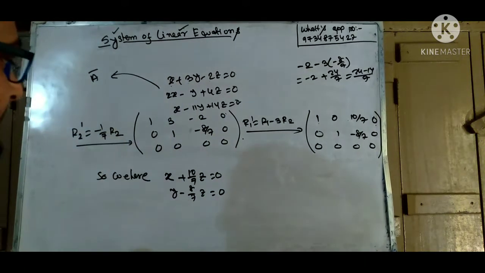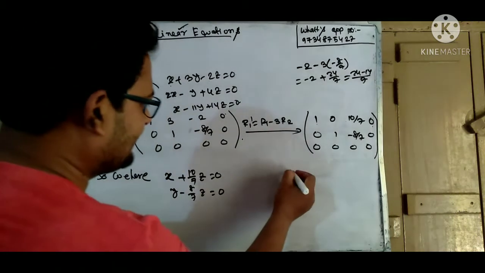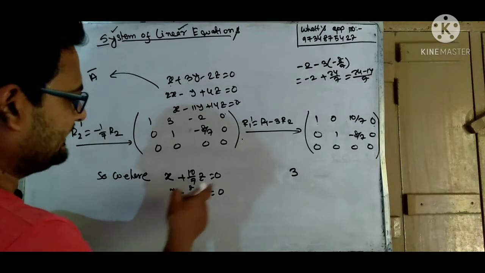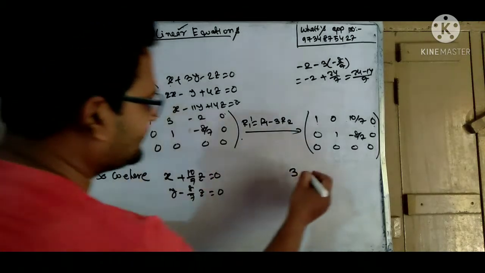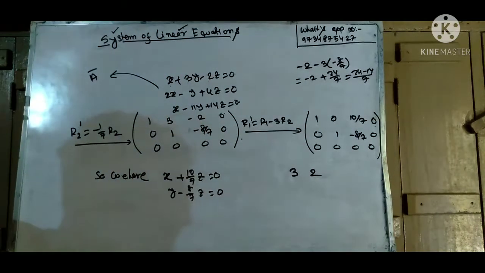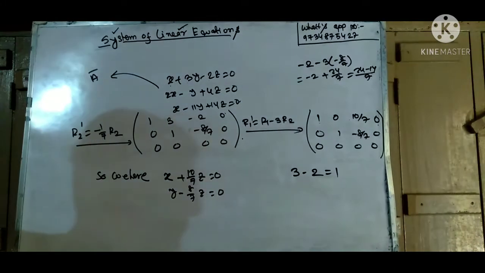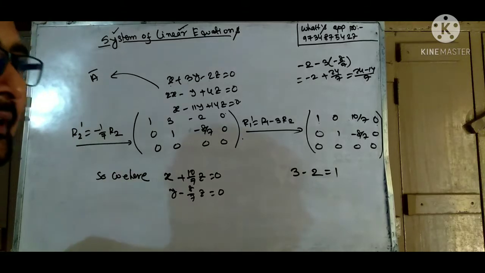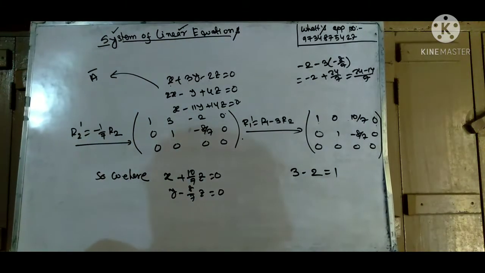Now how to solve this system of linear equations? Here the number of variables is 3, x, y, z, and the number of equations is 2. So we have to take one variable as an arbitrary constant.